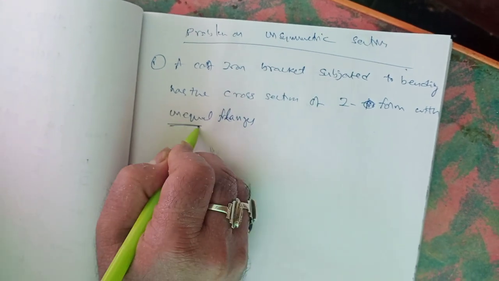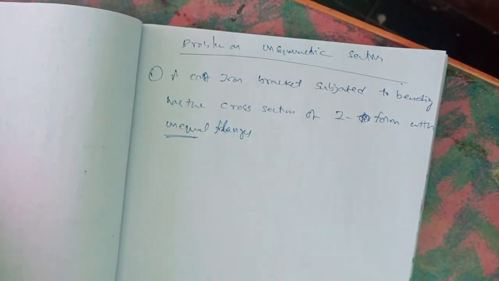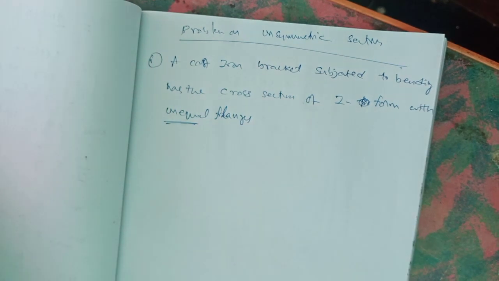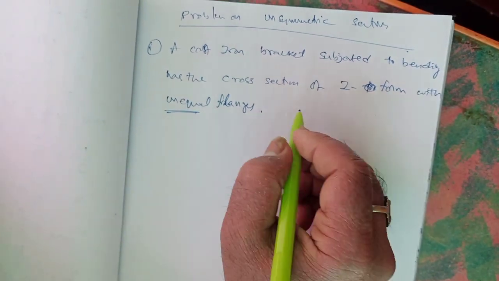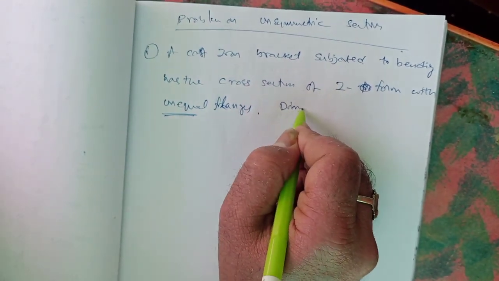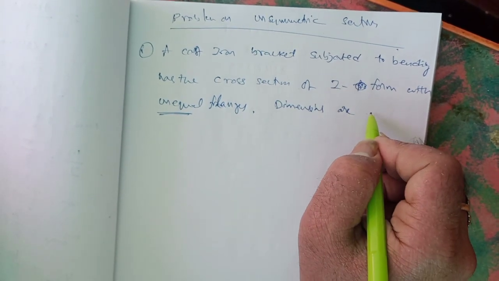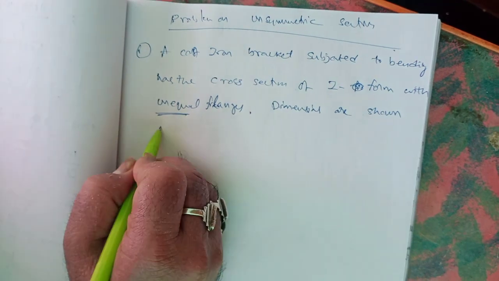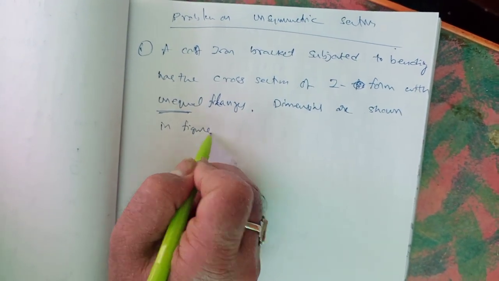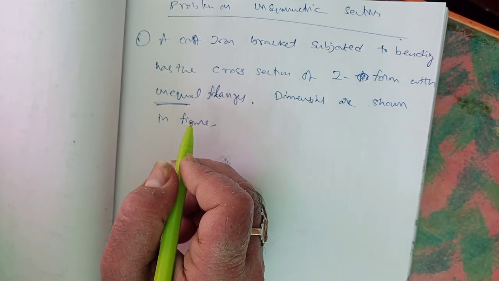So unequal flanges means it is non-symmetric. Dimensions are shown in figure.